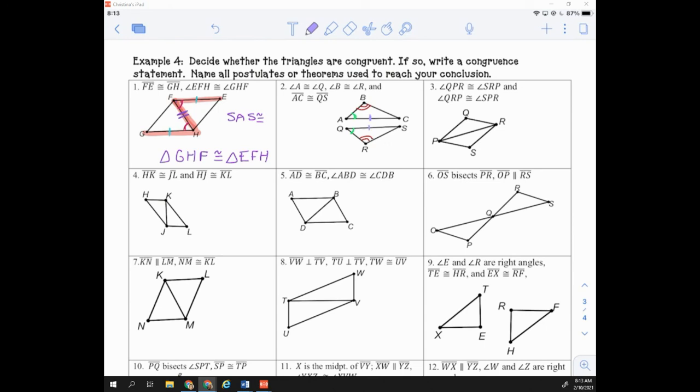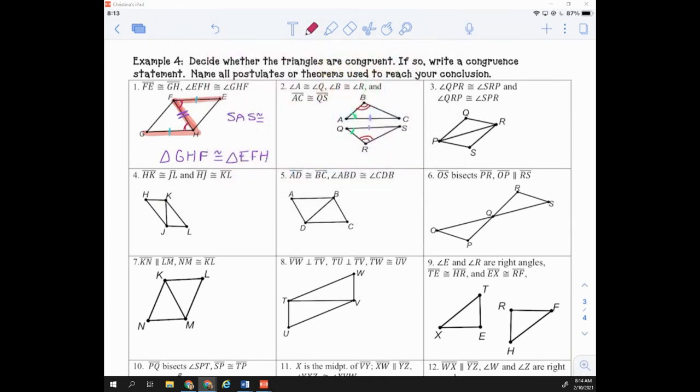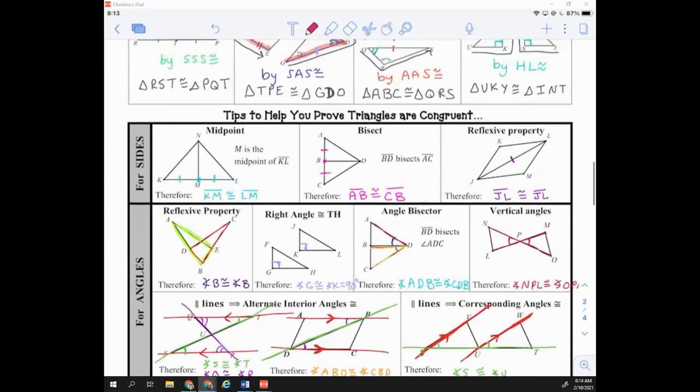So we have 2 angles and a side. The sides that are congruent are not sandwiched between the angles that are congruent. So that means we have angle, angle, side congruence here. And we can always go back and check.